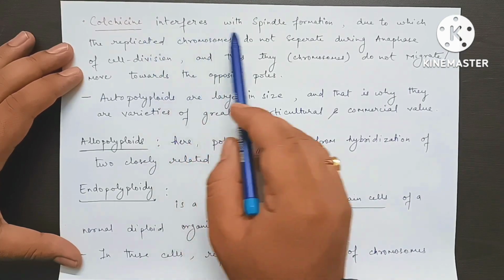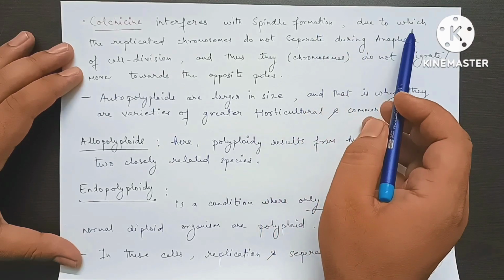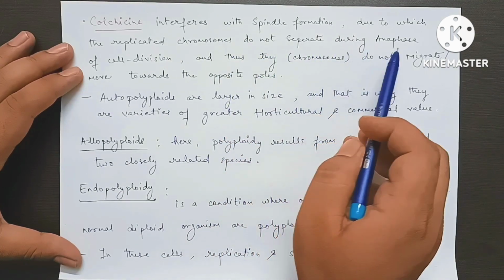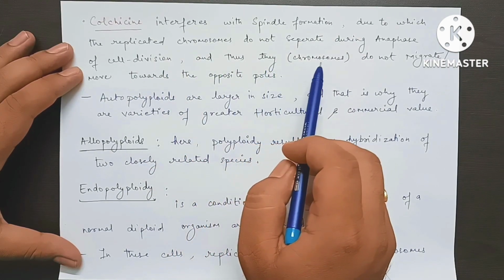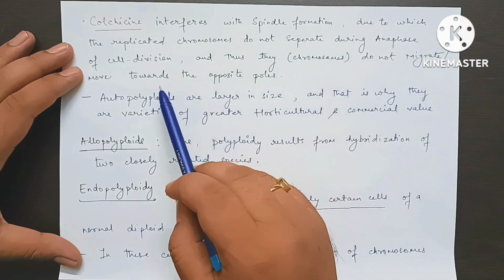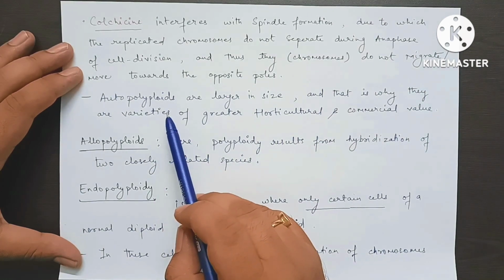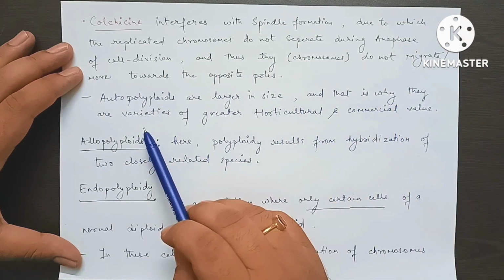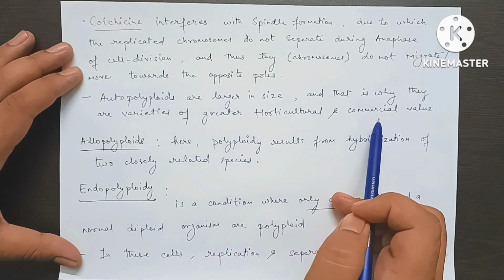Colchicine interferes with spindle formation, due to which the replicated chromosomes do not separate during anaphase of the cell division, and thus the chromosomes do not migrate or move towards the opposite poles. Autopolyploids are large in size, and that is why these varieties are of great horticulture and commercial value.